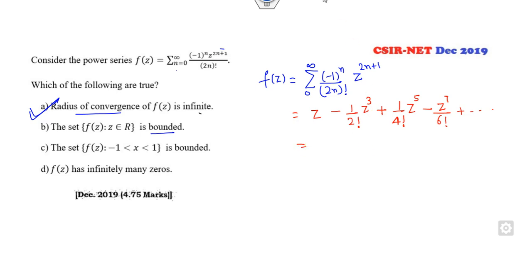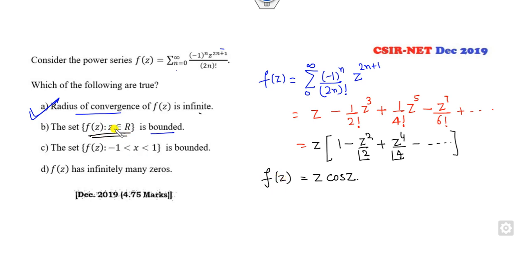So is there any series? No, because it's a cube, then I can take z common. It is 1 minus z squared over 2 factorial plus z raised to power 4 over 4 factorial and so on. Is there any series? Yes, this is cos z. So basically this is your f(z). Now z is a real number.